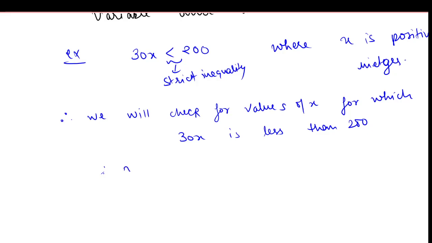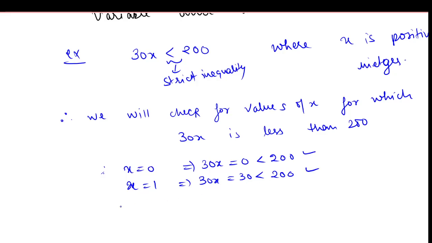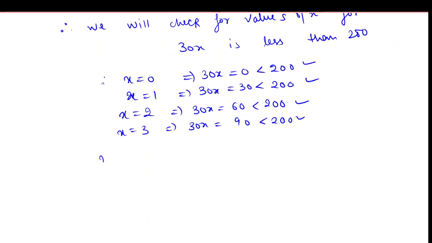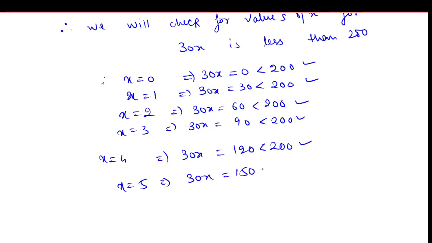At x equal to 0, 30x is equal to 0, which is less than 200, so it is correct. x equal to 1, 30x equal to 30 is less than 200, so it is correct. x equal to 2, 30x equal to 60; x equal to 3, 30x equal to 90; x equal to 4, 30x equal to 120, which is also correct; x equal to 5, 30x equal to 150, less than 200.